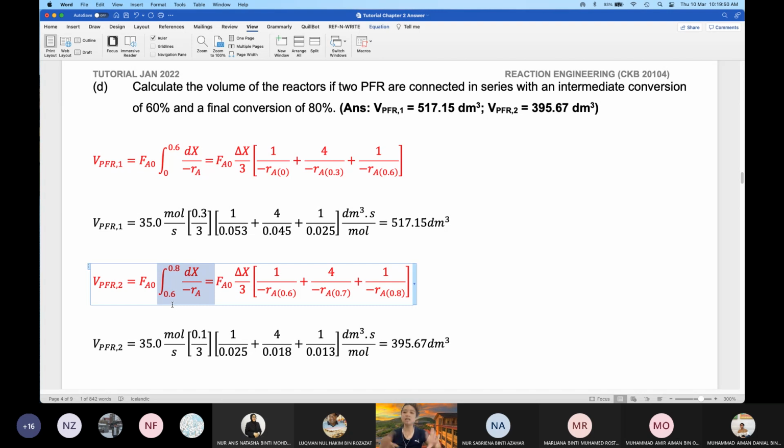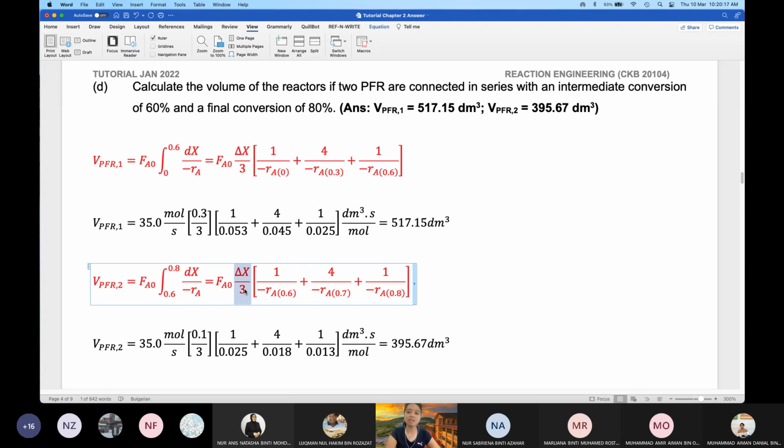Then substitute in Simpson's one-third rule: FA naught delta X per 3. Delta X again, this is the part where students always make the mistake. Now you have to understand, lower limit 0.6, upper limit 0.8. So X1 is 0.6, X2 is 0.8, and the middle X, the midpoint between 0.6 and 0.8, is 0.7.